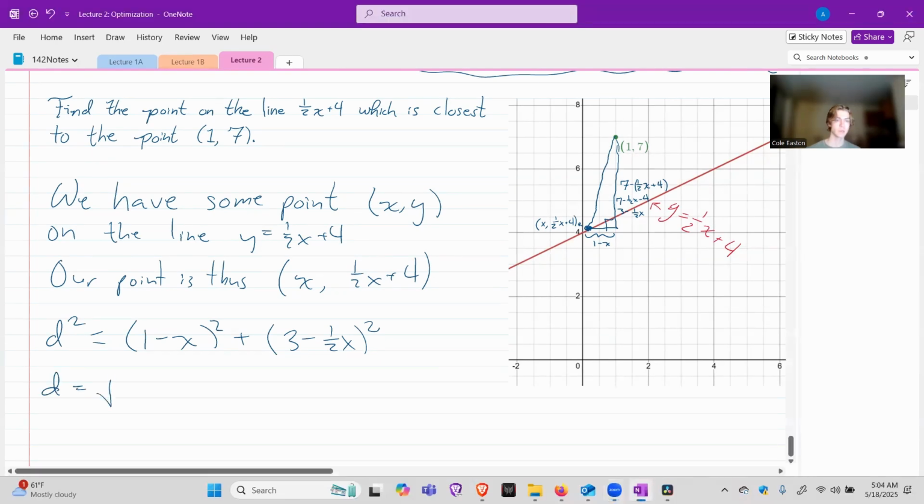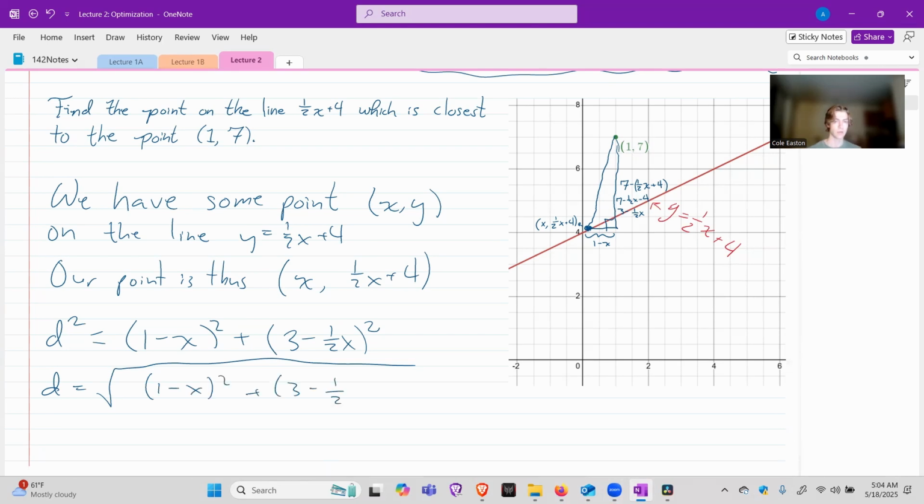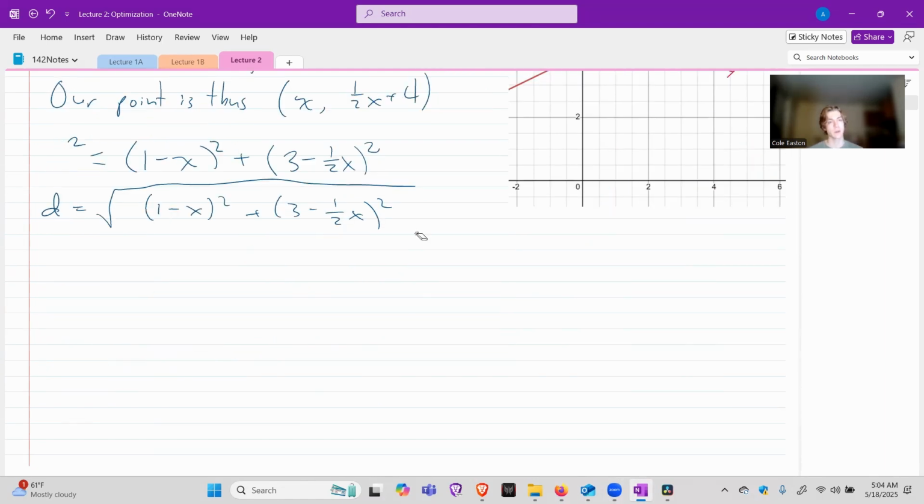So we get d equals the square root of (1 minus x) squared plus (3 minus 1/2 x) squared. And I'm actually going to make this d capital just because of the derivative notation. Okay, so now this is the distance.